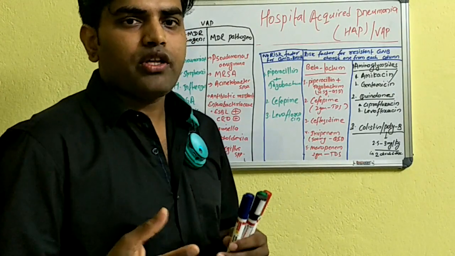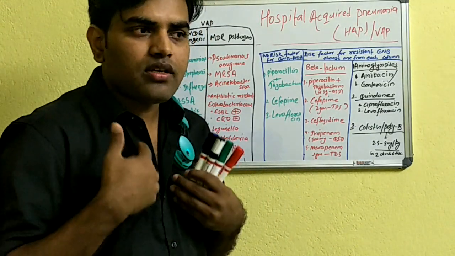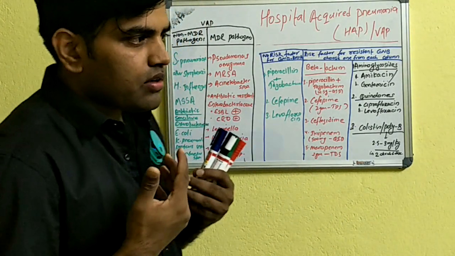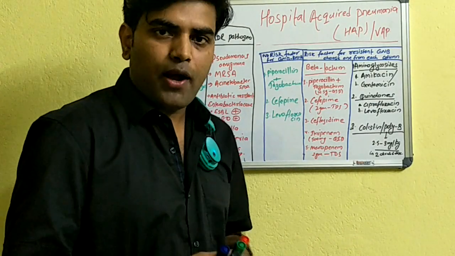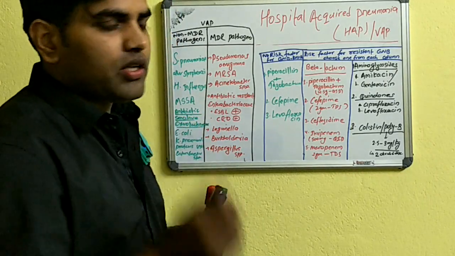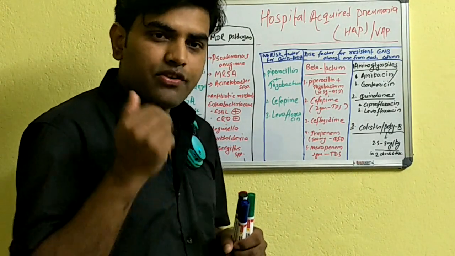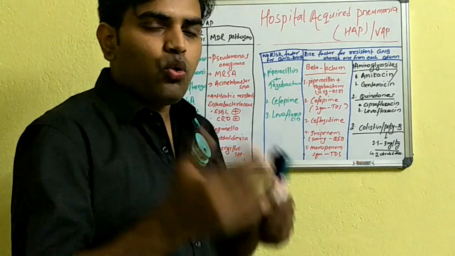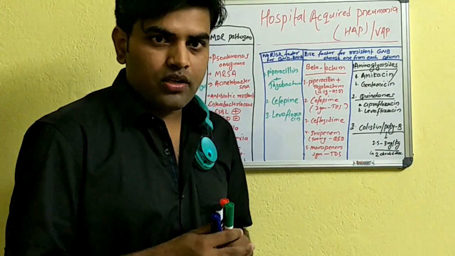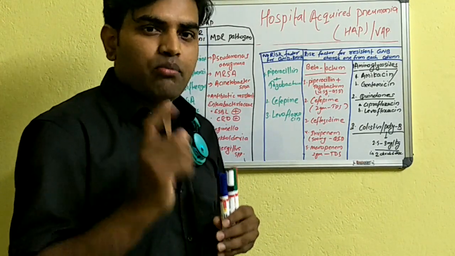Normal flora will grow, because this is not a sterile site. It is normally colonized by normal flora. So what do we do? There is a term called quantitative culture. There are two kinds of culture. Qualitative means positive or not. Quantitative is, if positive, what is the load of that organism? Knowing that load is important.